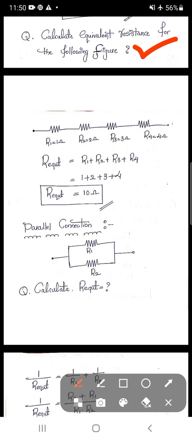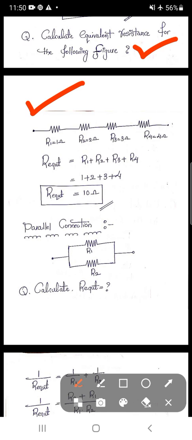Just see here, this is the given figure or circuit. How many resistances are there here? R1, R2, R3, R4, and all these four resistors are connected in series.